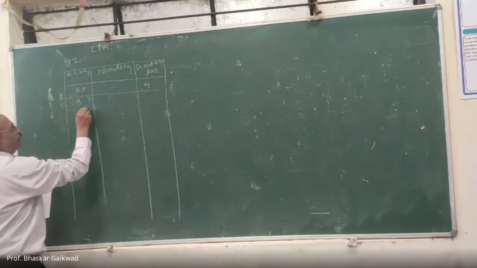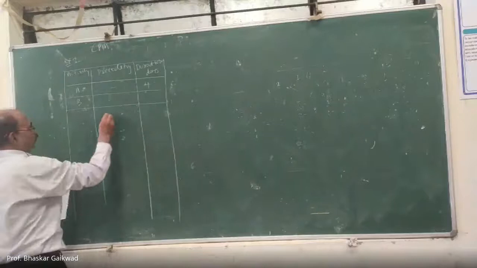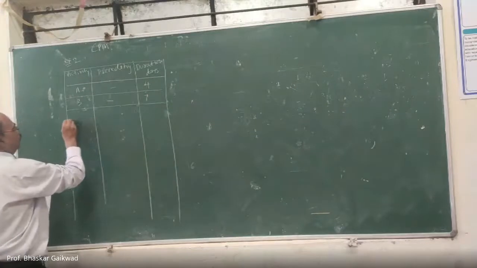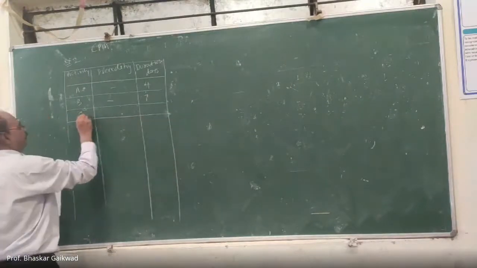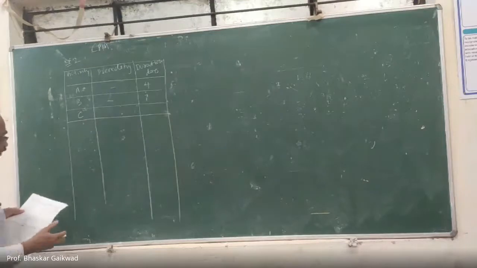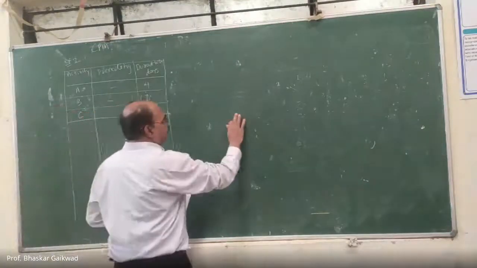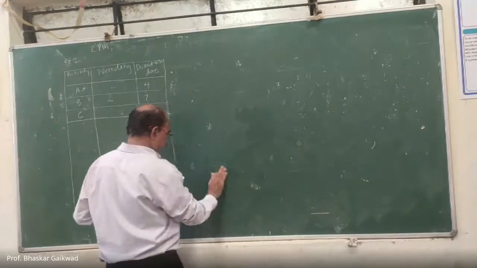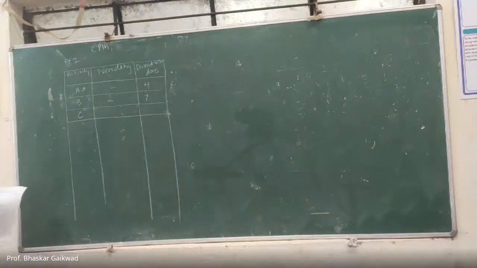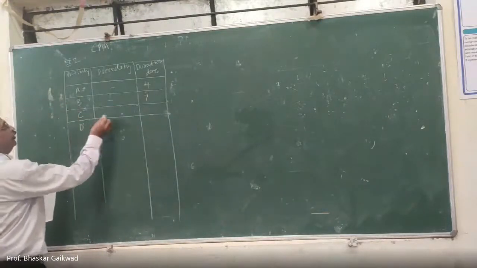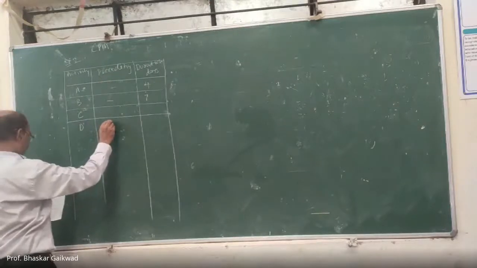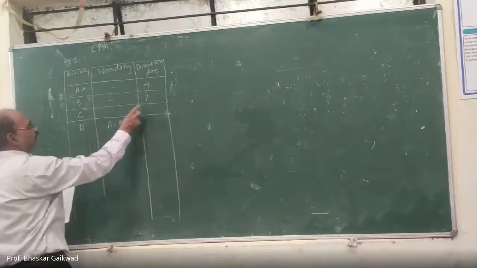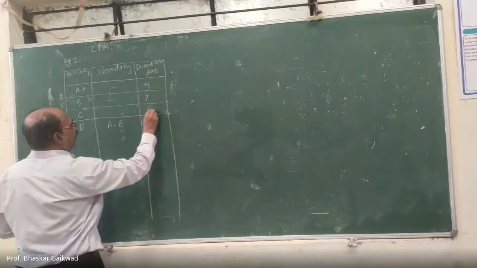B, no previous activity, duration is 7. C, you go on writing so that while solving also you will come to know if any problem is there, then we'll solve that. So here D, the preceding activity is A, B, and the activity duration is 6, and here 5.